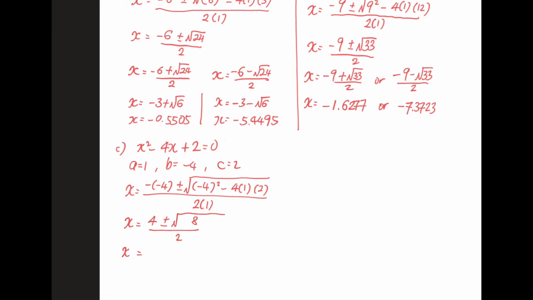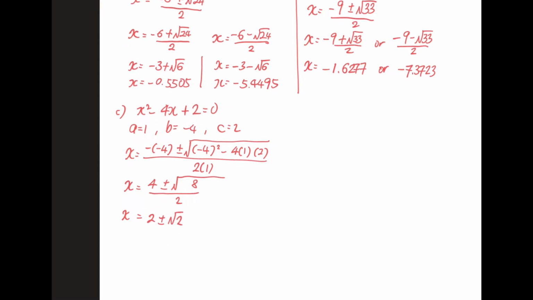After I simplify, this is 2 plus minus square root 2. Then I will have x equal to 2 plus square root 2, or 2 minus square root 2.